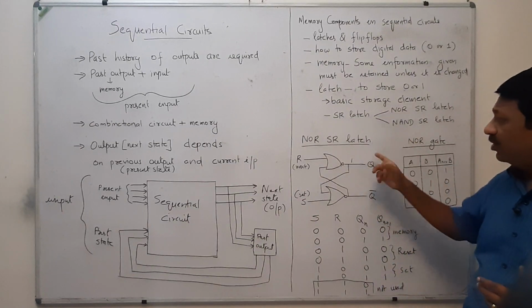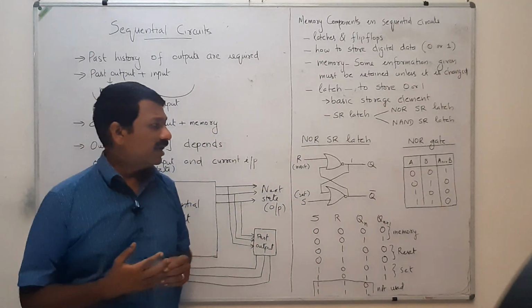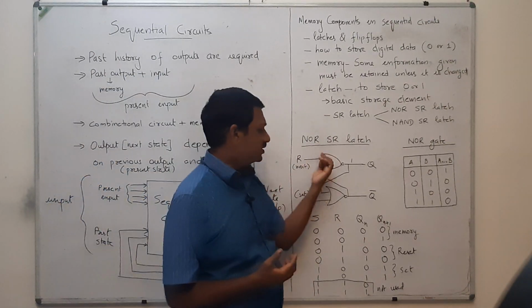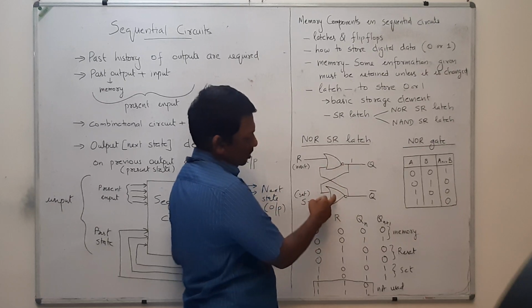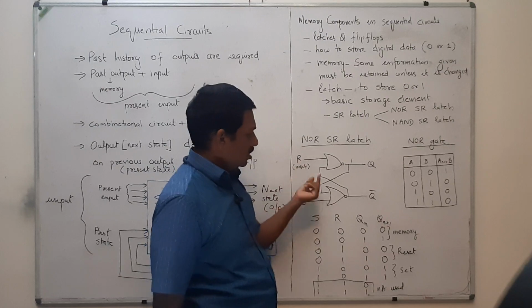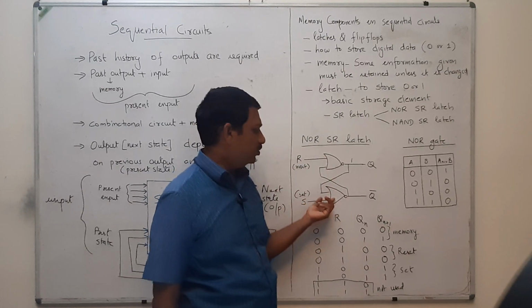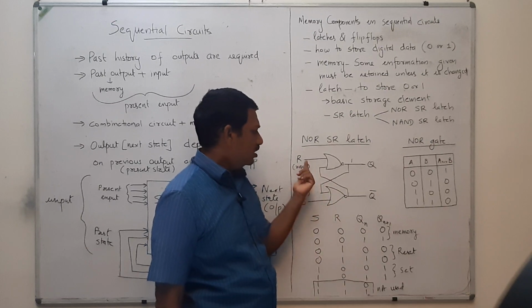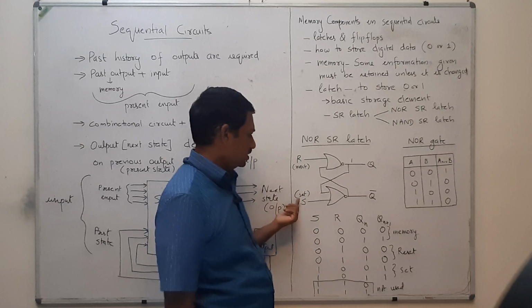Now we are going to discuss what a NOR SR latch is. Here is the representation for that. Here we have two NOR gates, and these are two-input NOR gates. Only two inputs are there. This is the R pin, the reset input, and this is the set input.